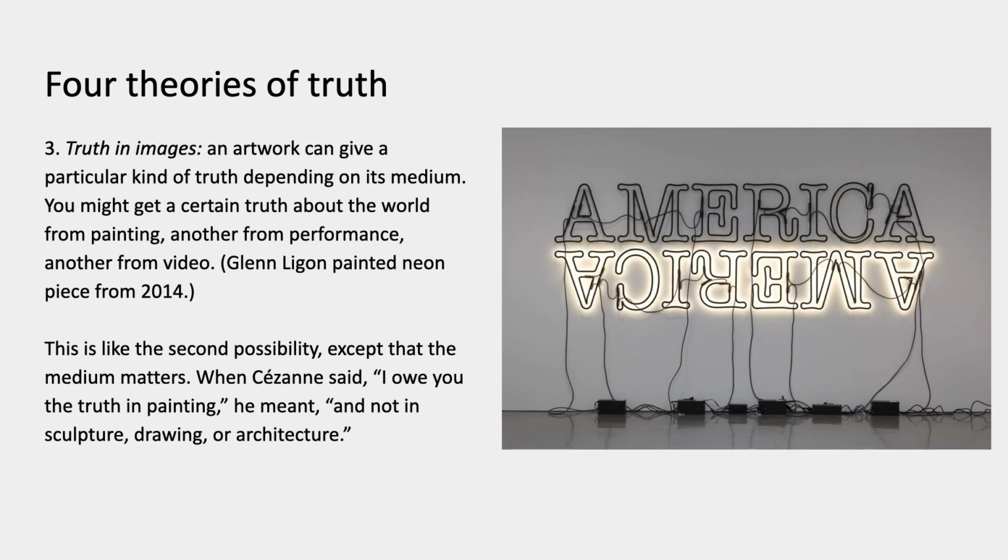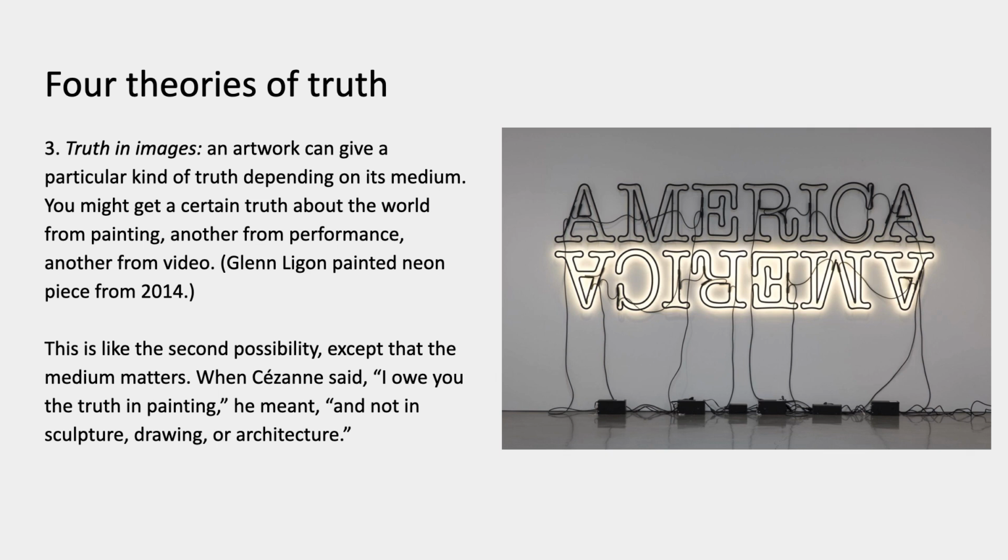Third is truth in images. In this case, an artwork can give us a particular kind of truth depending on its medium. And if the artwork were redone in a different medium, it would create a different truth. You might get a certain kind of truth about the world from a painting, another from a performance, another in a video.